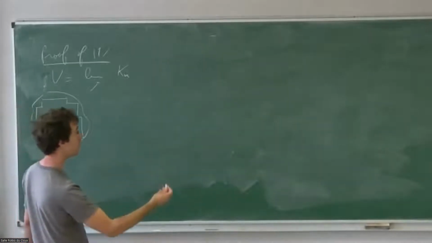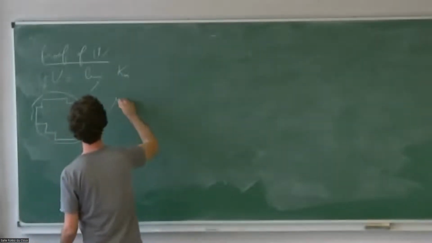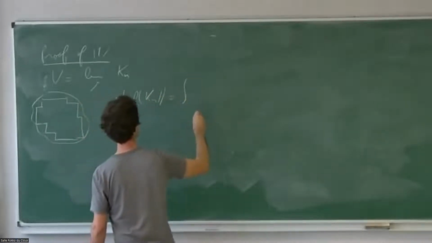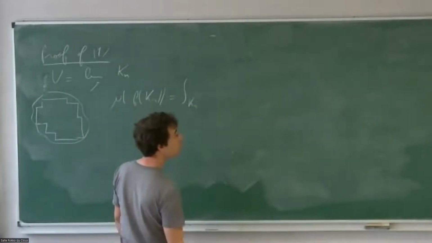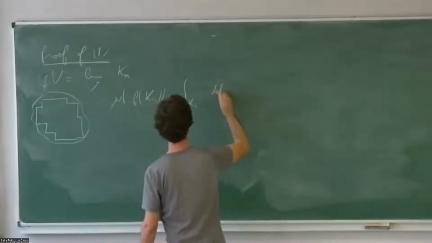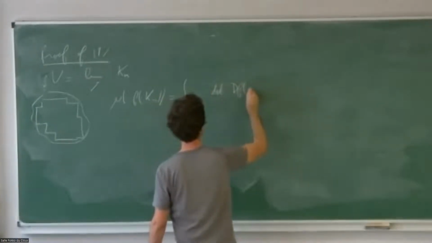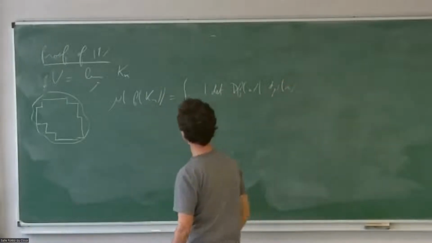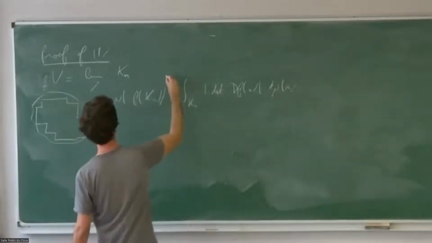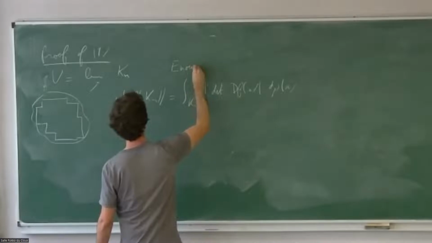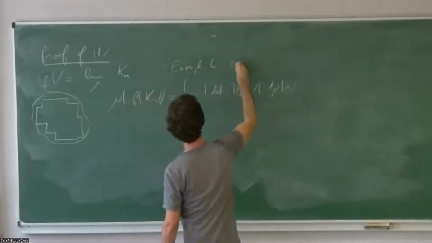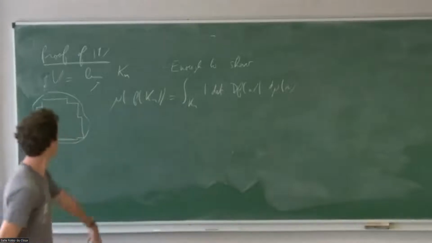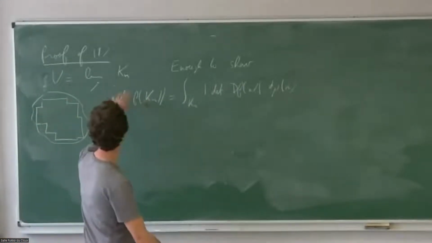So I claim that if you know that the measure of the image of Kn is equal to the integral over Kn of the determinant of your map d mu of x, it's enough to show that for the compact set Kn, and the reason is that if you have this, you can pass to the limit.